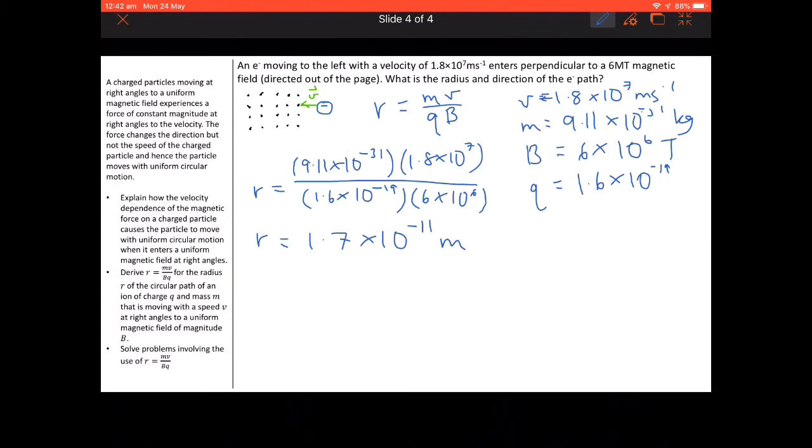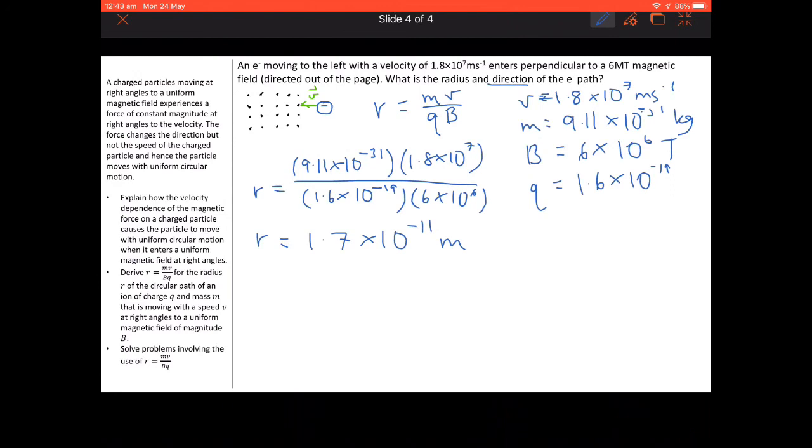Now, the other thing that I asked was, what is the direction of the electron's path? So to work this out, we'll use our right hand rule, and we have to remember to reverse the direction of the charge because we're working with a negative electron here. So we'll point our thumb to the left, which is in the direction of the velocity. We'll point our fingers out of the page, and our palm should be pushing away from us.